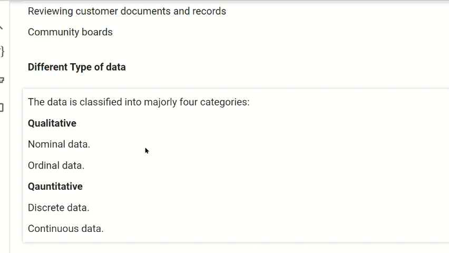In ordinal data, we can consider a class, which has first rank or second rank. Nominal data groups variables into categories that do not overlap. Gender, for example, contains male, female, others, and so on. So there are different categories.